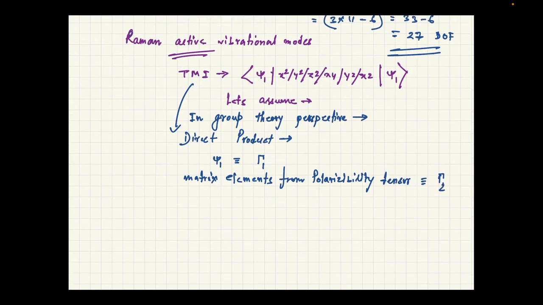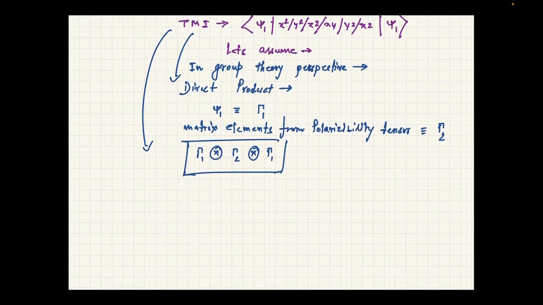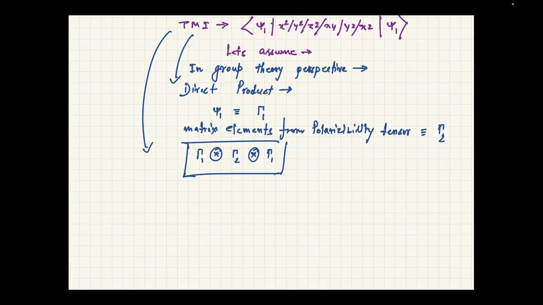So this TMI, from the group theory perspective, will be the direct product of gamma 1, gamma 2, and gamma 1. Now if this direct product gives us a representation containing the totally symmetric one, then this TMI will be non-zero, and that particular transition will be Raman active.